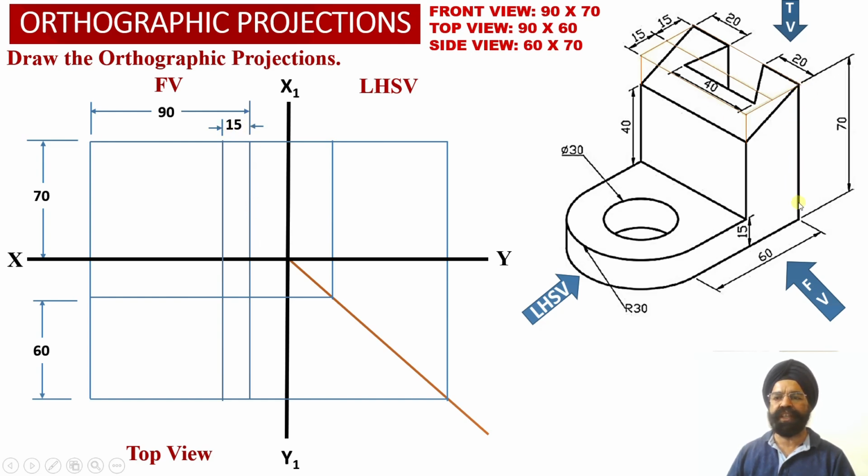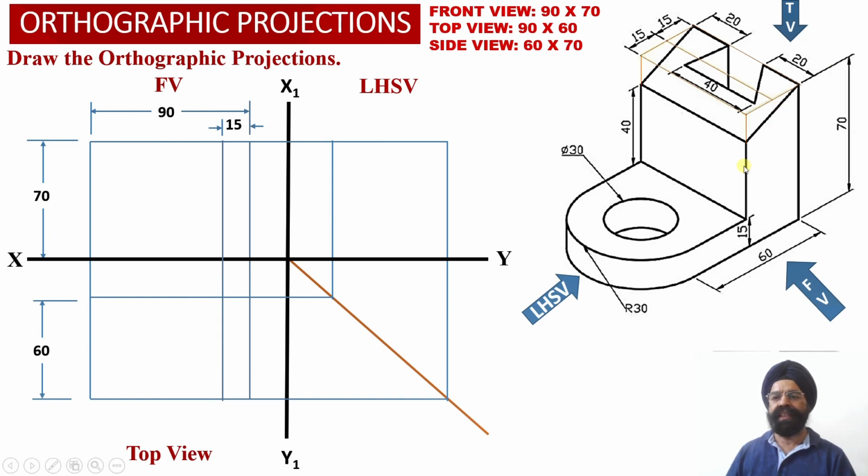It is this face of the solid, and we have obtained a vertical projector line at a distance of 15 millimeter from the right hand side face of the solid. And this vertical projector line we have appropriately extended into the top view projections as well.